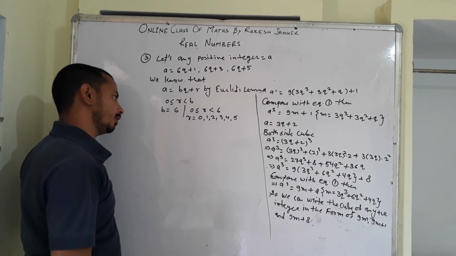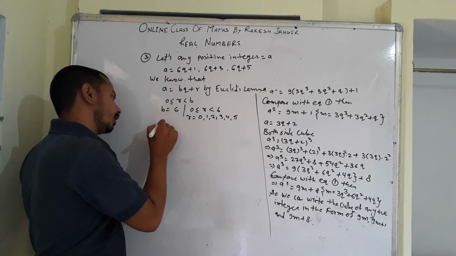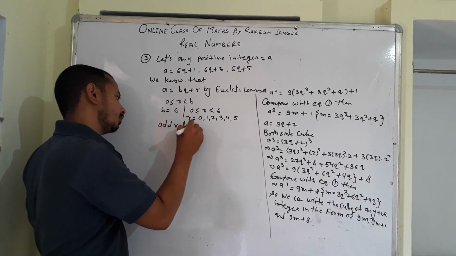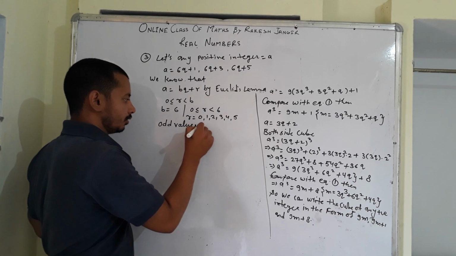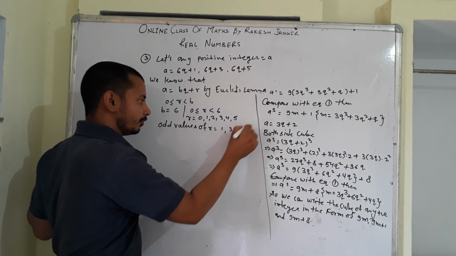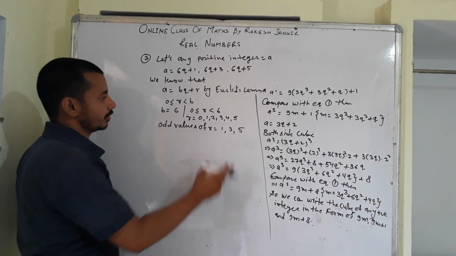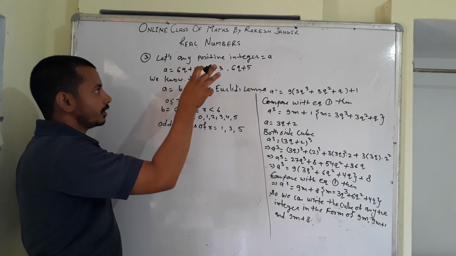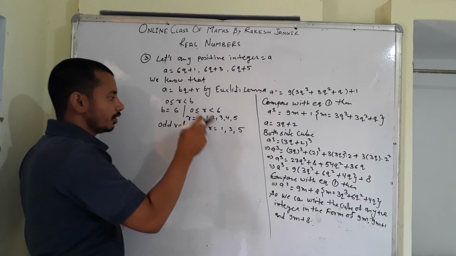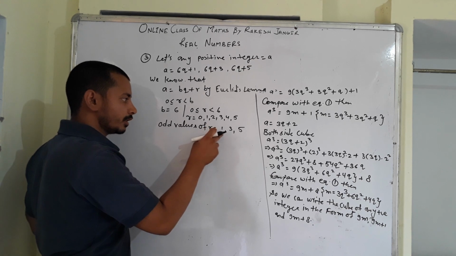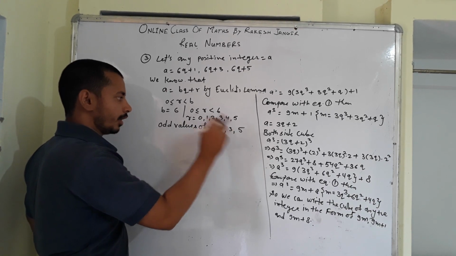Okay, and the odd values of r equal 1, 3 and 5, as given in the question: any positive odd integer. Then we put the values of r as the odd numbers 1, 3 and 5.